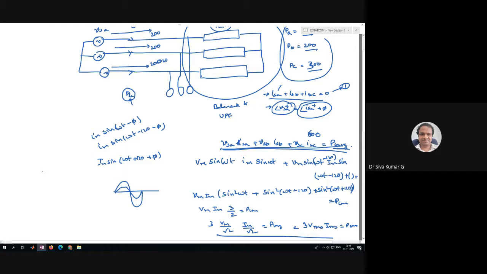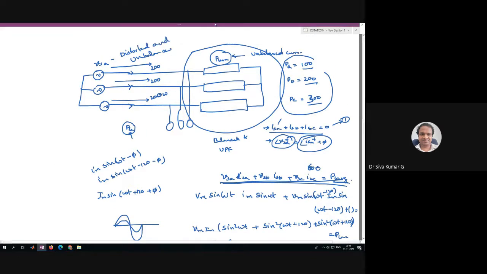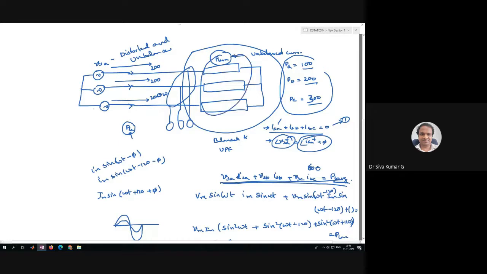I can explain better: let's assume that these PCC voltages are unbalanced, and this is also unbalanced. Then obviously there is a power represented in the positive sequence, a real power of the negative sequence component, and a real component of the power with respect to the zero sequence component current. But with this set of two equations, it yields only the positive sequence power.